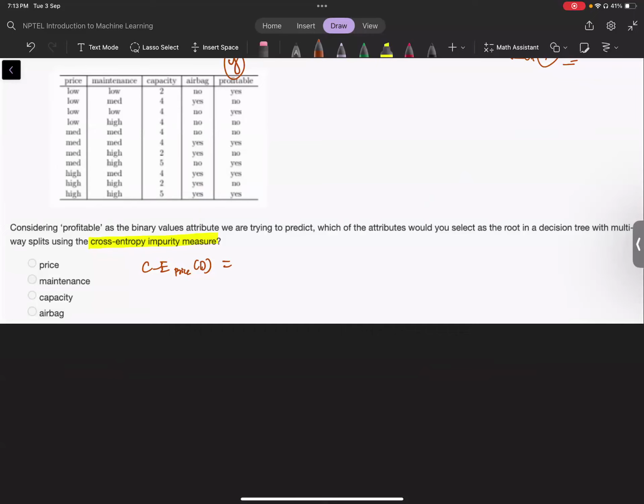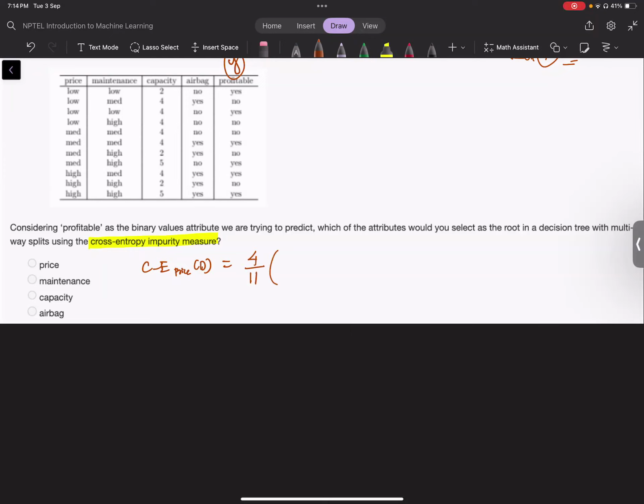So if you look at the price here, there are 1, 2, 3, 4 lows, 1, 2, 3, 4 mediums, and 1, 2, 3 highs. The total is 11. First we'll consider the price as low, so there are 4 by 11.